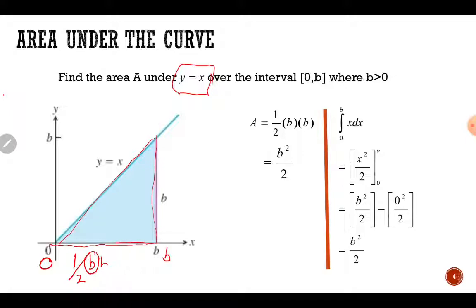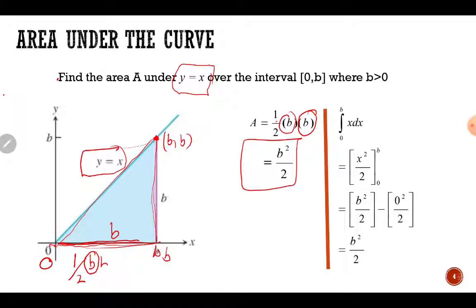Base dia adalah 0 ke b, so base dia adalah b, and tinggi dia pun, because this line is y equals to x, y dia sama dengan x, so x dia b, y pun b, this point is (b, b). So tinggi dia here is b, so half b lebar, and another b is dia punya tinggi, so you can see the answer is b squared over 2. Ni tak guna integration. This we define the area, we regard this as a triangle.